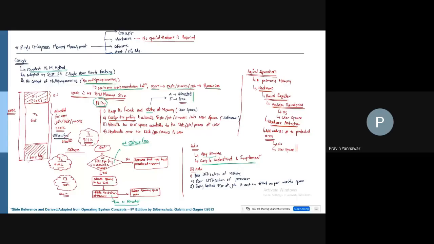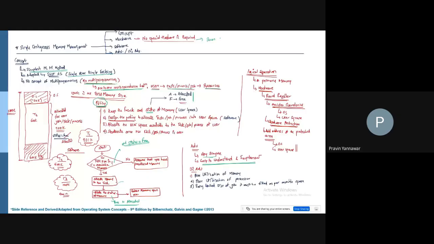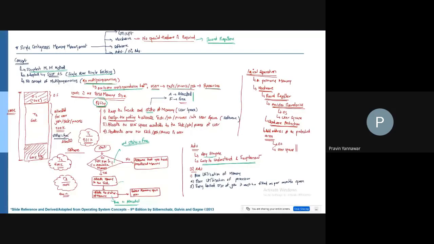As far as hardware is concerned, no special hardware is required; it is inherent. But the hardware we need is called bound registers. Where logical separation exists on primary memory, the hardware we use is called a bound register.